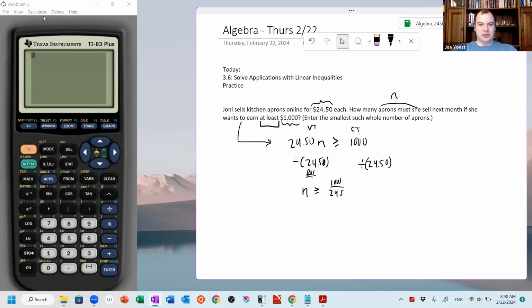So I want to figure out what is 1,000 divided by 24.5. And that gives me 40.8 approximately. Now, I suppose I could leave my answer like this, but what are my units? My units are number of aprons, right?